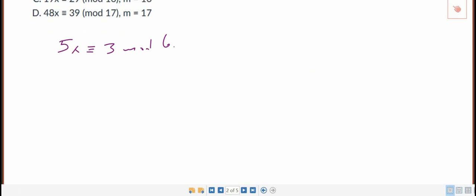Again, I'm going to look at the greatest common divisor. What's the greatest common divisor for 5 and 6? Well, looking at it, I know that's going to equal 1.